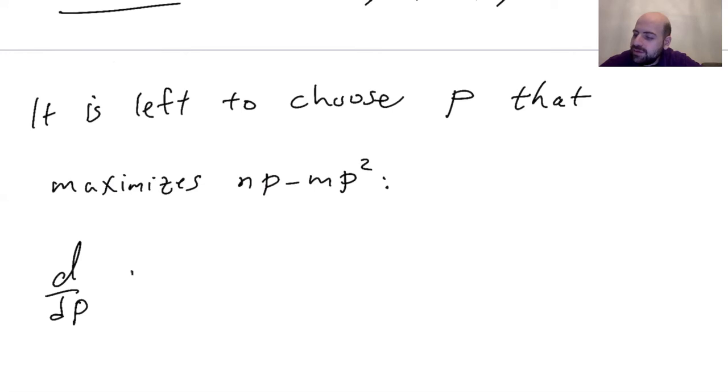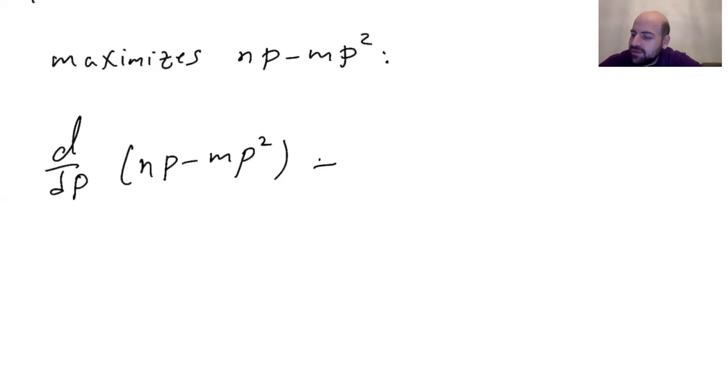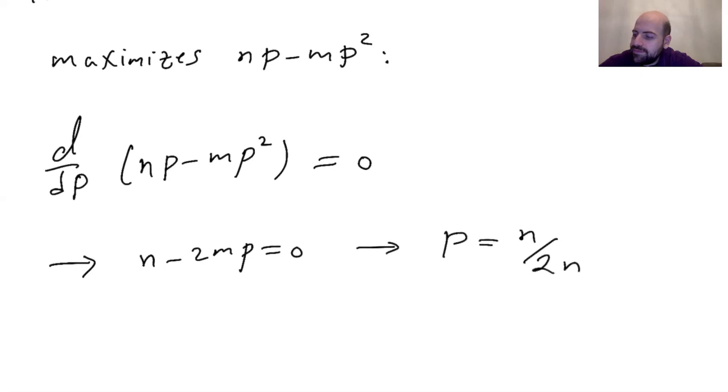So d over dP of NP minus NP squared, you can also complete the square to find the P that maximizes this. That's why I said it can also be middle school. But anyway, if you differentiate it and put it equal to 0, then you get N minus 2MP equals 0, and that gives P equals N over 2M.